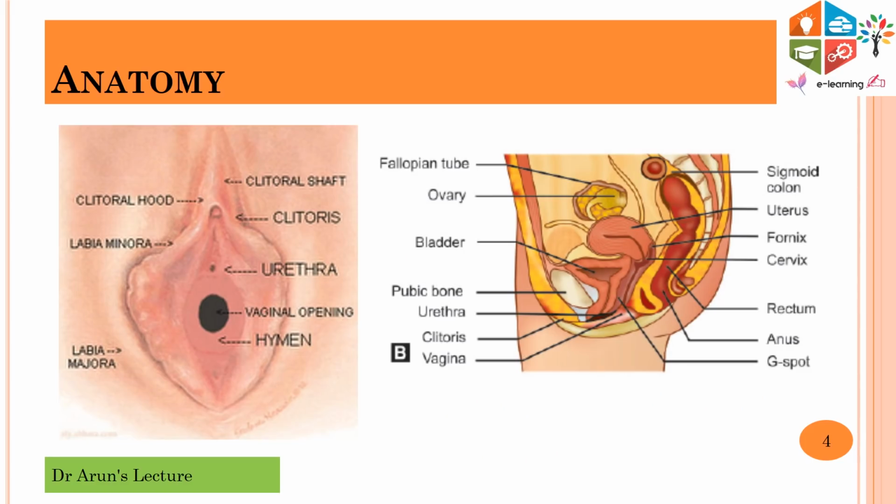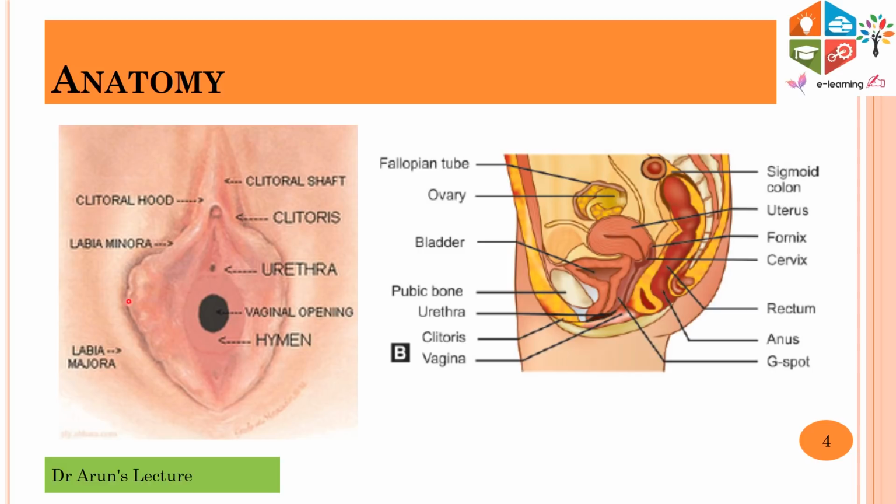Coming to the anatomy of the female external genitalia, the first and foremost structure is the labia majora. These are two elongated folds of skin projecting downwards and backwards from the mons pubis, which is a pad of fat lying in front of the pubis.